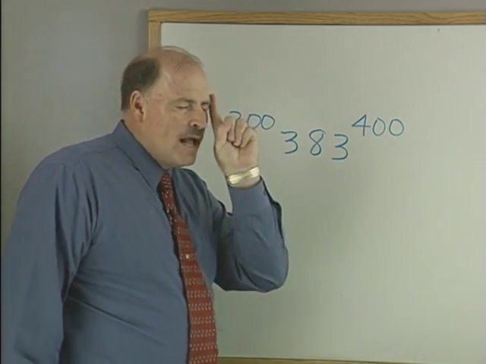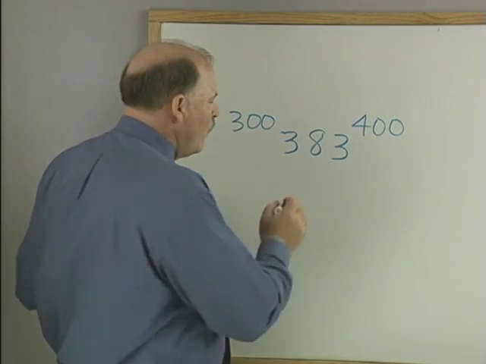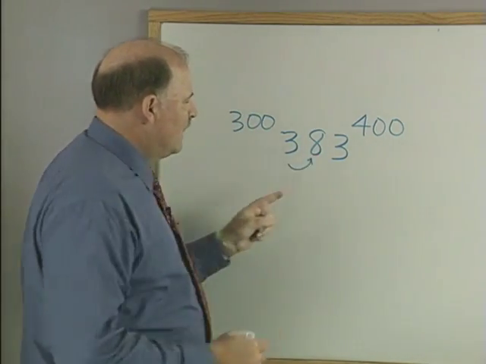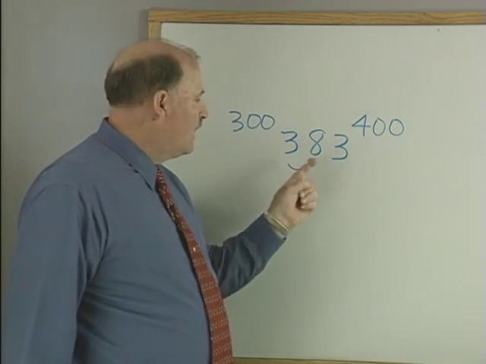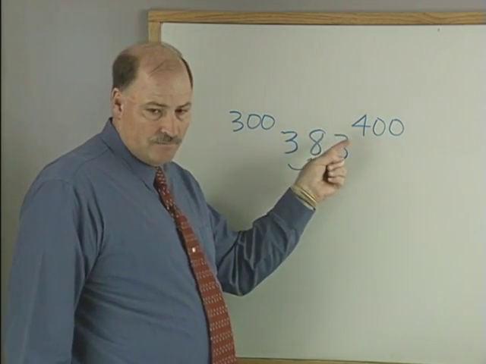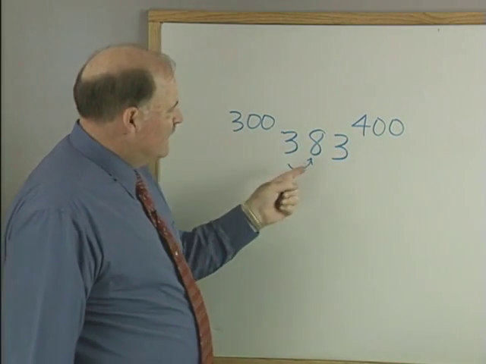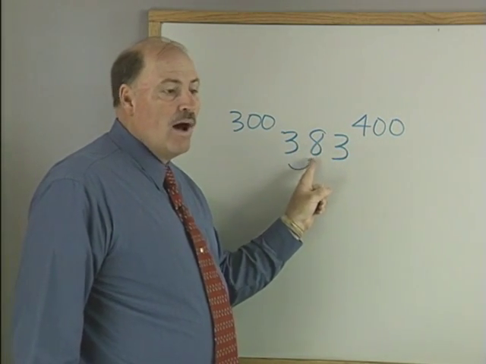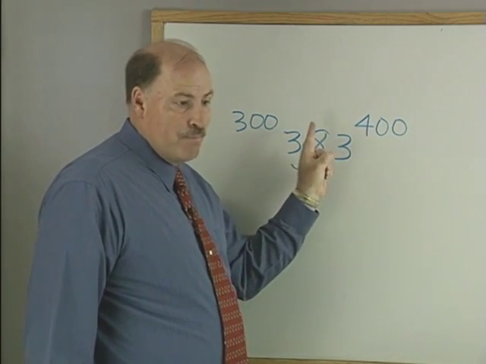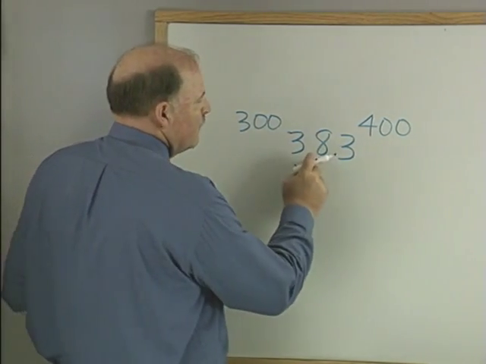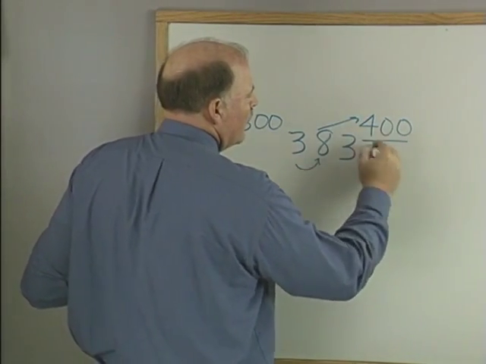If I say round to the hundreds, you only look over one place to see what this is going to do to the number. Because when I round it, when I'm all done, these are both going to be zeros, right? Now, is this 8 going to make it go up or make it a 0? Up, right? So this is going to be rounded to 400.